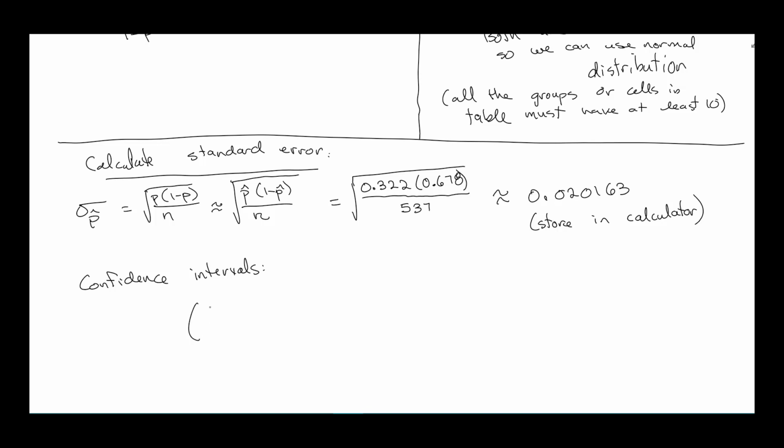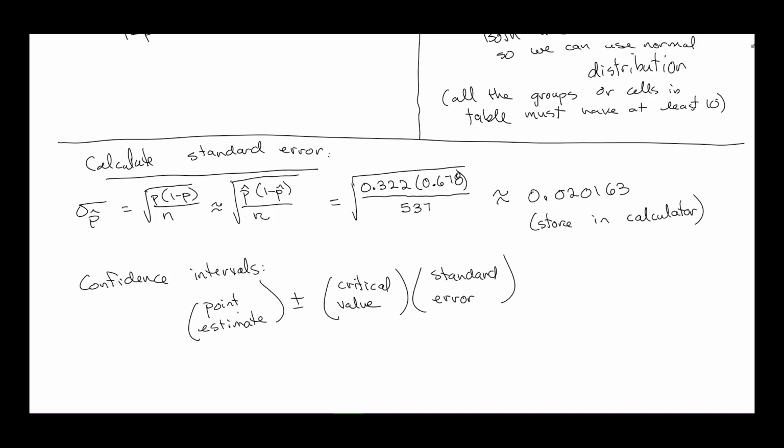It's always going to be the point estimate of our parameter, plus or minus the critical value of your test statistic, times your standard error. You need to find these three things, and then we just fill in the blanks and do it, right?